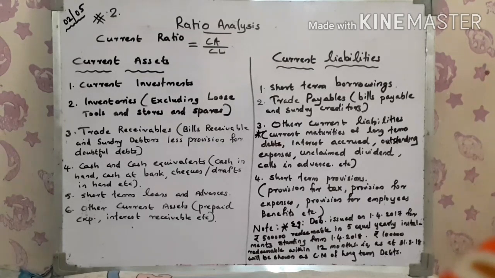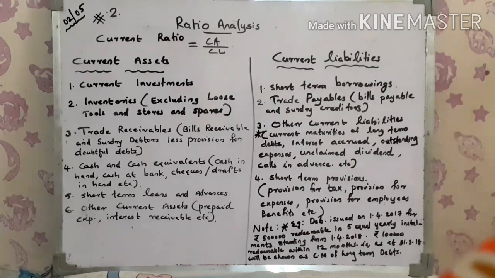Out of the total 5 lakh rupees, the 1 lakh repaid within the 12 months is current maturities of long-term debt, and the balance 4 lakh rupees is long-term borrowings.